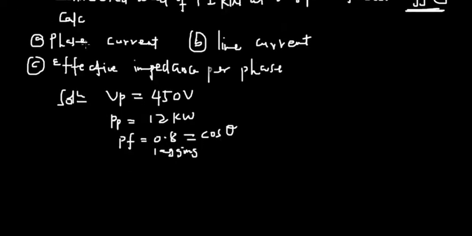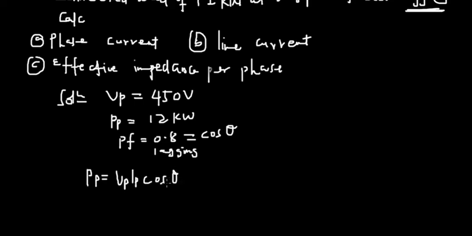Now let's proceed. We are to find the phase current. To find your phase current, you already know that phase power is equal to Vp Ip cos theta.